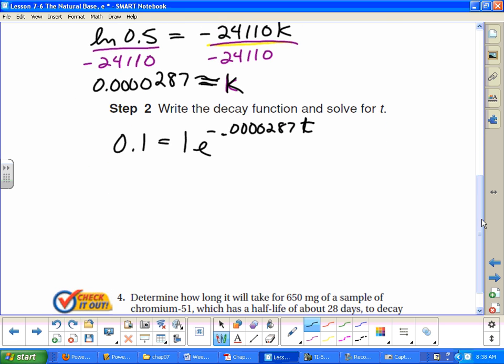So once again, we take the natural log of both sides. Now, before we actually finalize the answer to this question, is my answer going to be more or less than 24,110?